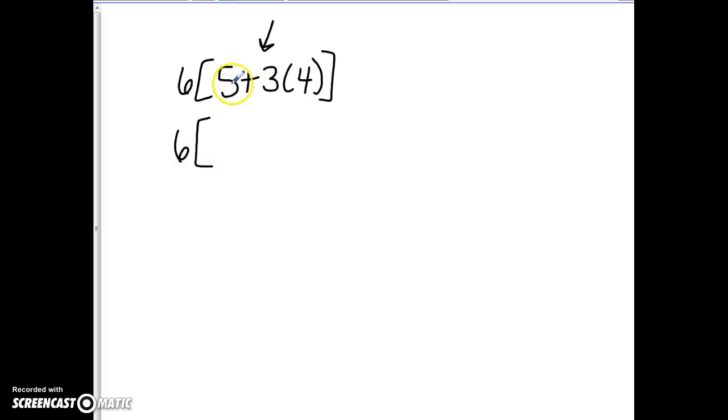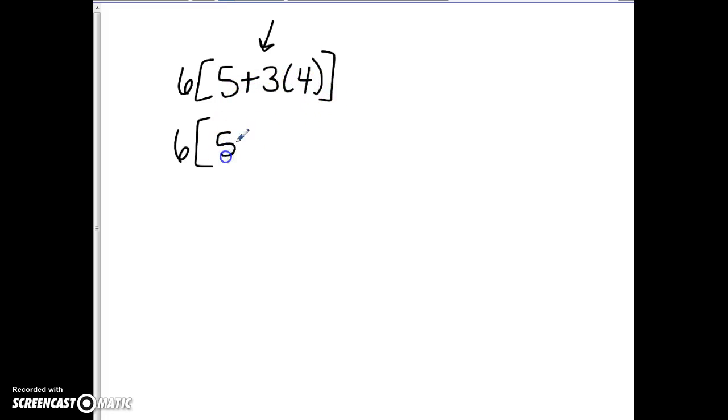Objective 3 says use more than one grouping symbol, so let's just look at 25. Notice in all of these problems you have brackets and parentheses. So you are going to look to see your brackets and start inside the brackets. Okay, and then in the brackets, think about your order of operations.